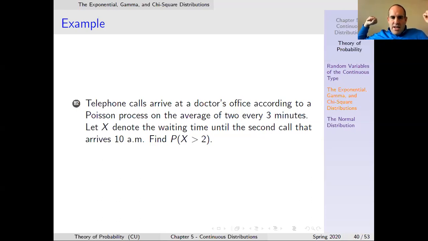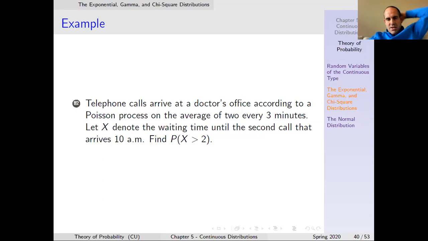But here, let X denote the waiting time until the second call that arrives. Find the probability that X. So X is just the waiting time in minutes until the second call that arrives.